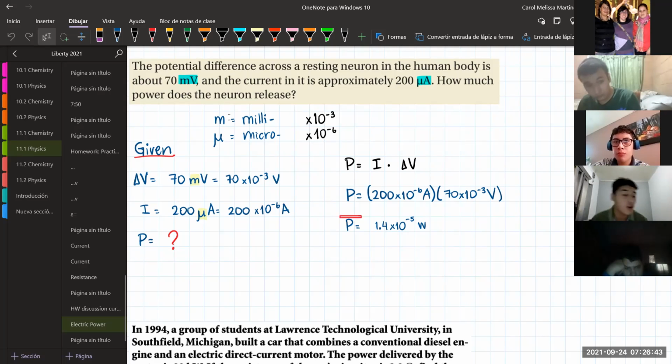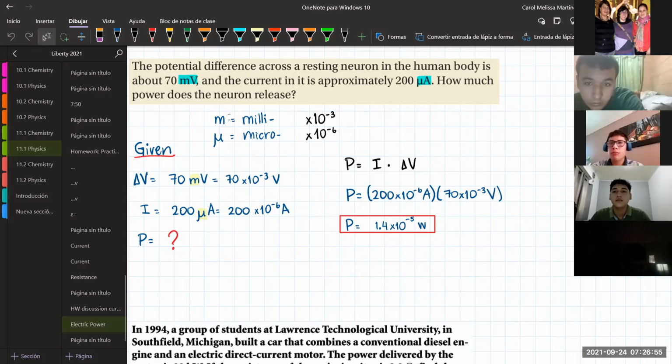Now this watts is coming from the definition of ampere and volts. You are multiplying ampere times volts. Ampere, by definition, current is how much charge passes through a given area in a second. So it is Coulomb over second, and you're multiplying times the voltage.